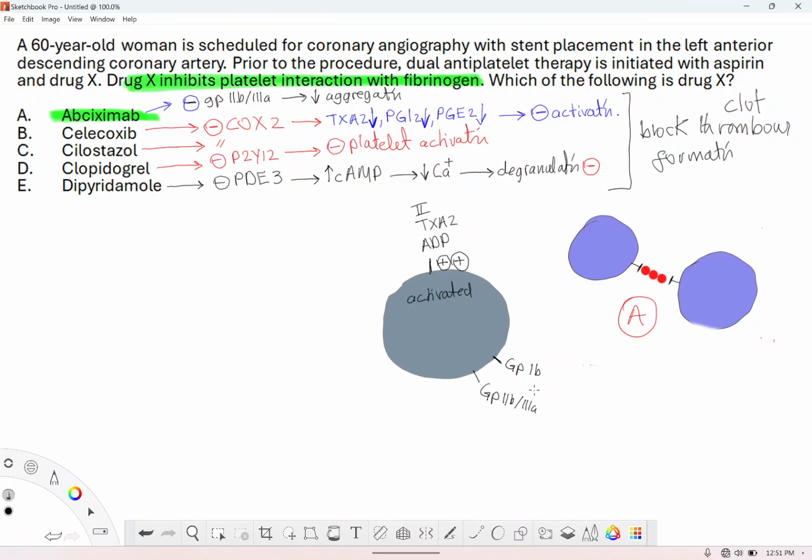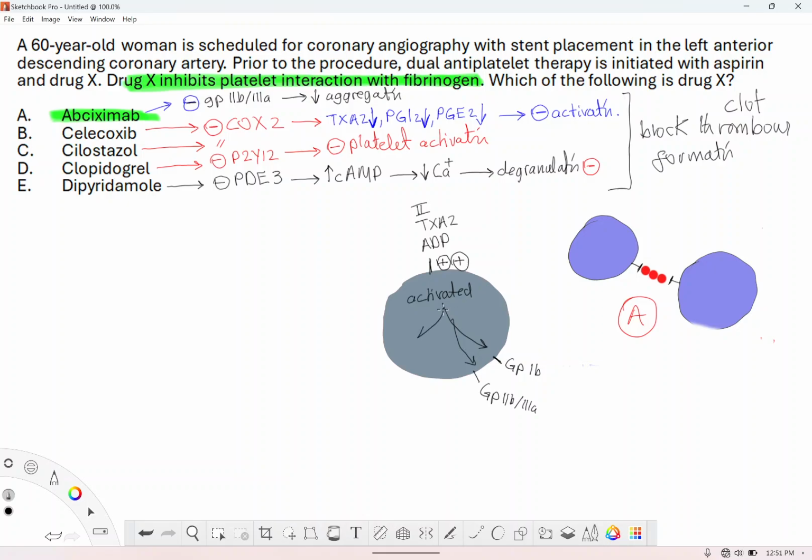If you don't activate them, platelet will not have these receptors. And if they don't have these receptors on their surface, they cannot aggregate and they cannot attach to basement membrane. Non-active platelets cannot do thrombosis, cannot form a clot. Next thing is, that was one way of activation, right? Expressing these receptors on the surface.